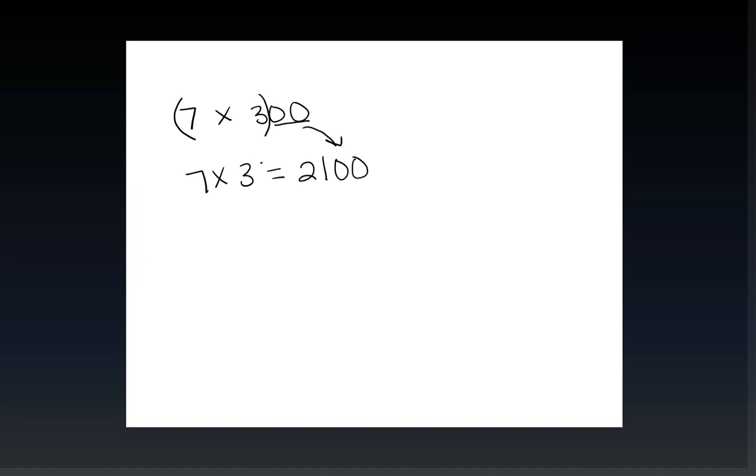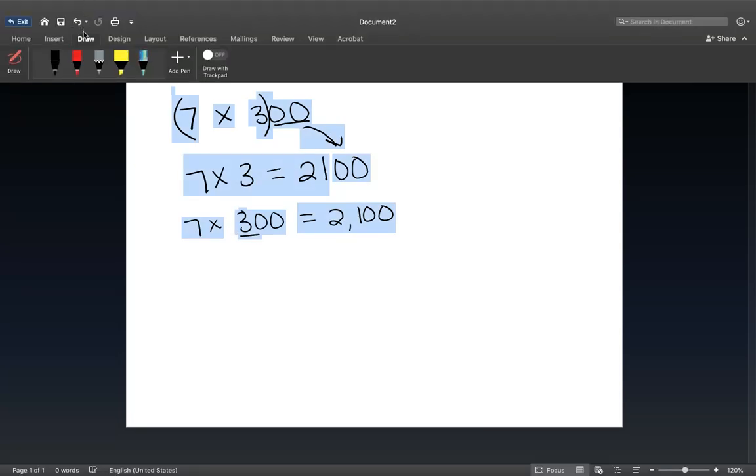So 7 times 300 equals 2,100. So you see I looked at my first digit here and it was a 3. So I multiplied my 3 by my 7 and then I added however many zeros I needed to add. Let's look at another example of that.